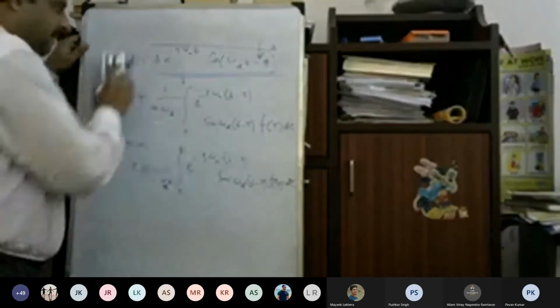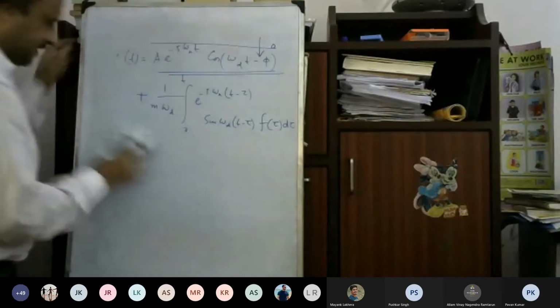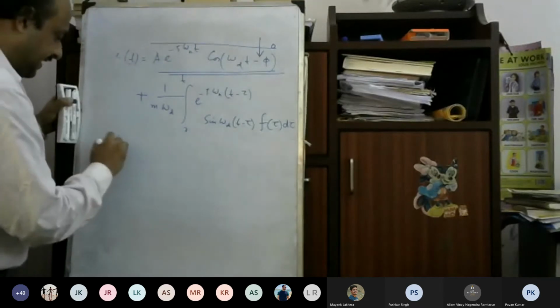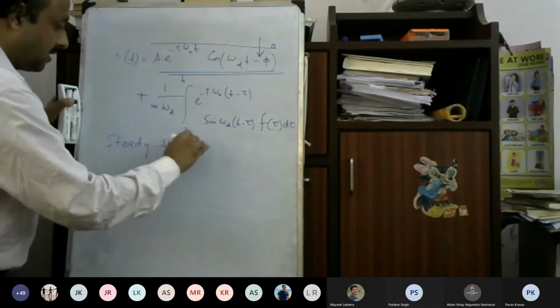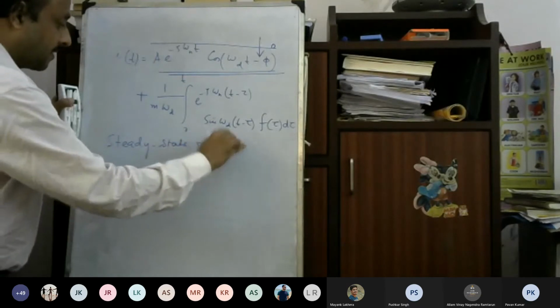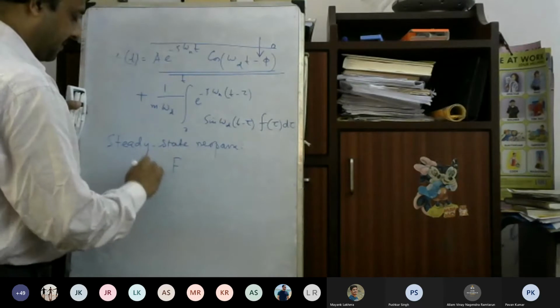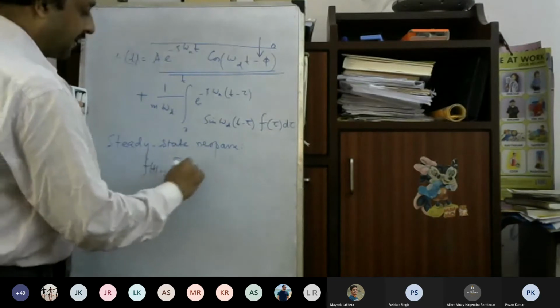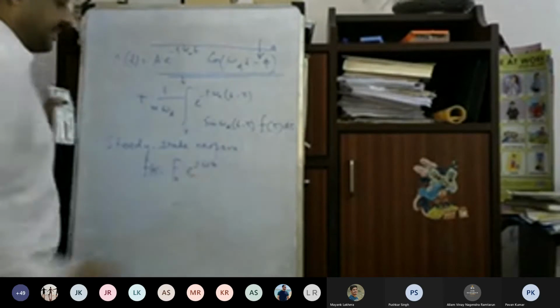Now with this particular background, we are able to get the response. At least now we'll consider the steady state response when the forcing is harmonic. So let me call f(t) equal to f naught e to the power j omega t.